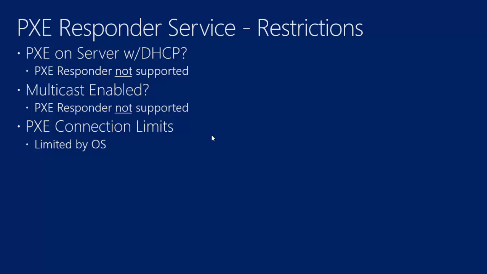I'm trying to recall if that limit applies to Windows 7. I believe Windows 7 has a 10 connection limit, but don't quote me on that. Windows 10 has a 20 connection limit, so it depends on the OS. Servers have no connection limitations. So it's really up to the hardware and the performance of the server how many connections it can simultaneously handle.